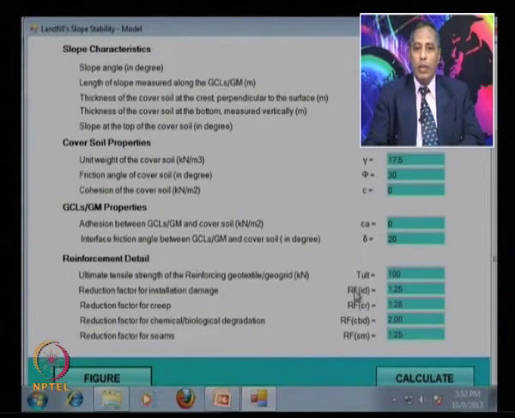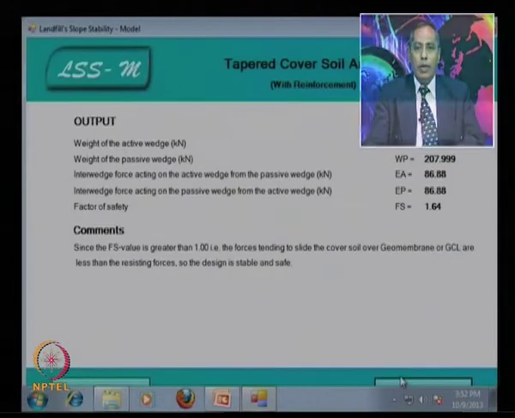The ultimate tensile strength of the reinforcement geotextile, T ultimate, is 100 kilonewton, and these are all the reduction factors for installation damage, reduction factor for creep, reduction for chemical and biological degradation, and reduction factor for seam, and then you calculate.